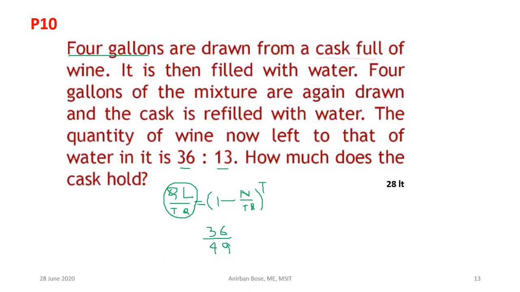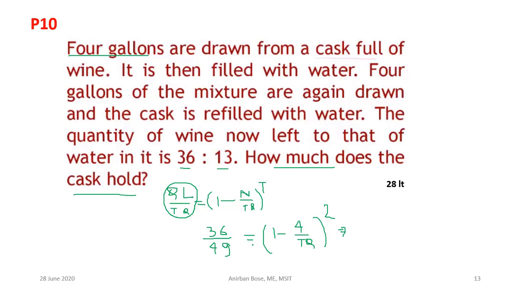So this is the fraction of wine that is left, and that is equal to 1 minus 4 gallons, since 4 gallons of water is taken out each time, divided by the total quantity, say x or TQ, the cask can hold at maximum. And you are repeating the process twice, so t is 2. So this is the construction of the problem.